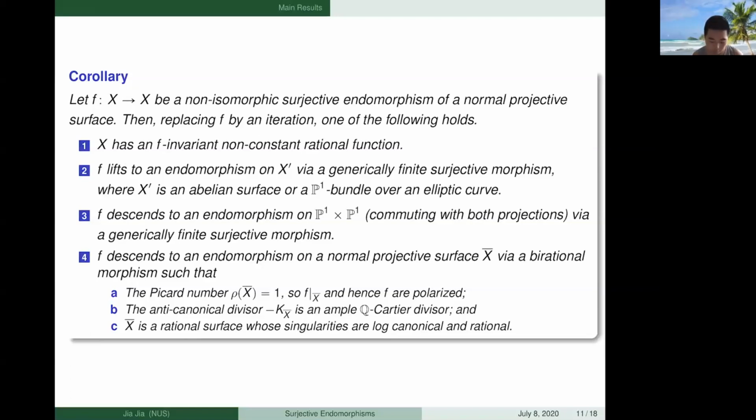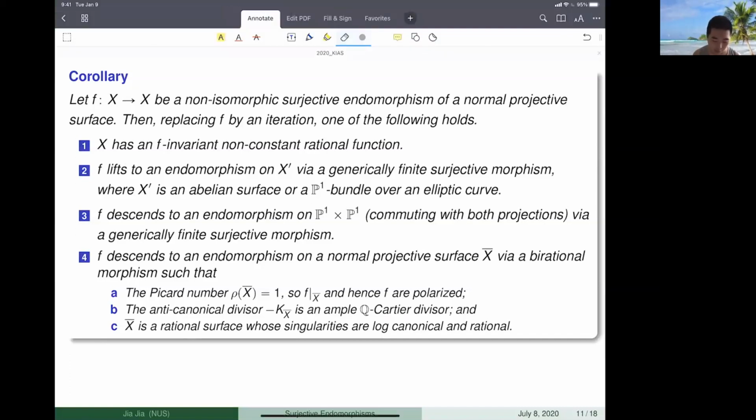Since the Picard number of X bar equals 1, we know this F on X bar is polarized. And by the lemma we stated before, we know this F is also polarized. Another point is the anti-canonical divisor minus K of X bar is an ample Q-Cartier divisor. And this X bar is a rational surface with lc singularities and rational singularities.